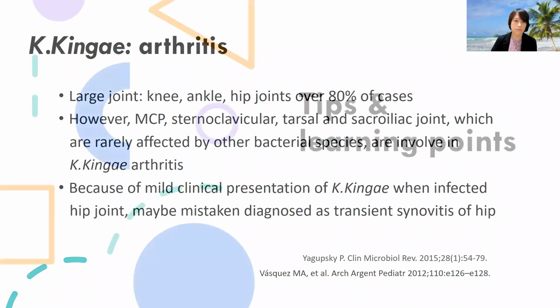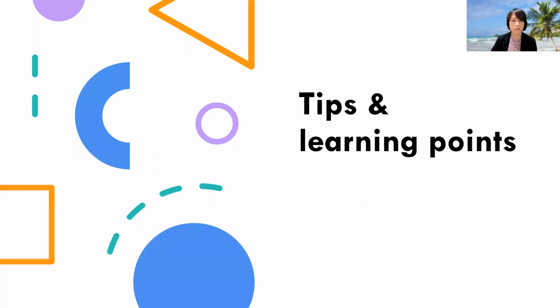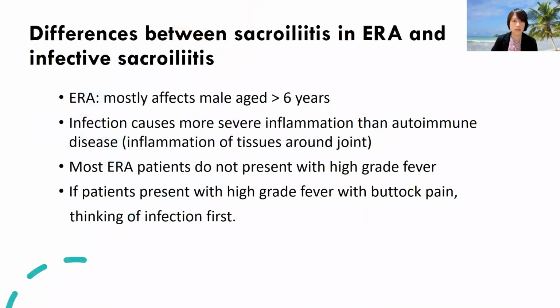So the tips and learning points in this case: Number 1, ERA usually affects male patients aged older than 6 years, which is quite different from a girl aged around 2 years like our case, so it's unlikely. Number 2, infections cause more severe inflammation than autoimmune disease.